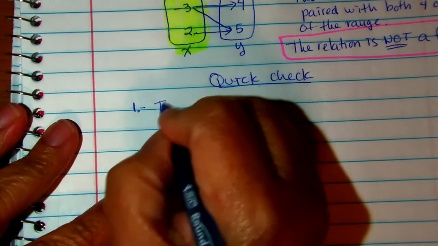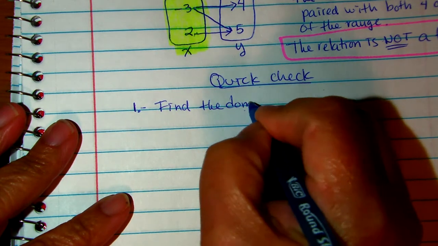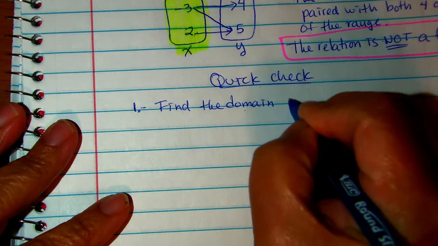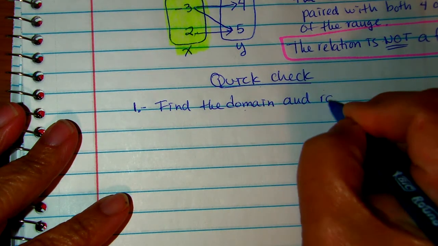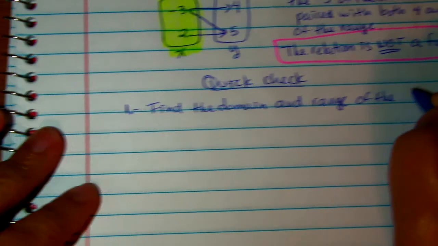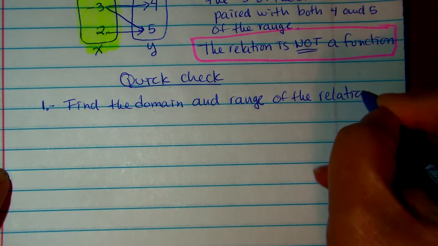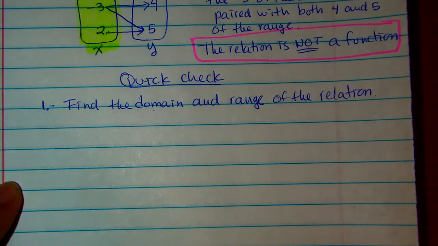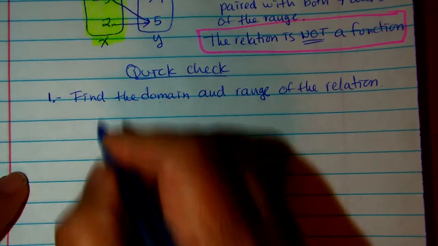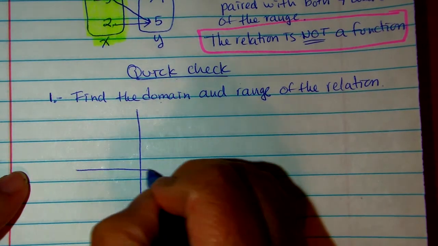It says find the domain and range of the relation. Okay, so we have a coordinate plane like this. So go ahead and draw it.